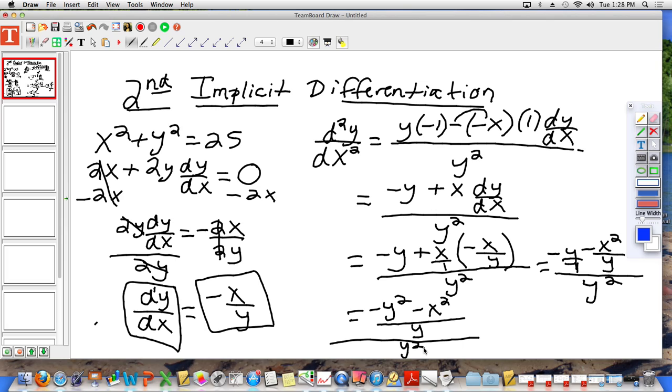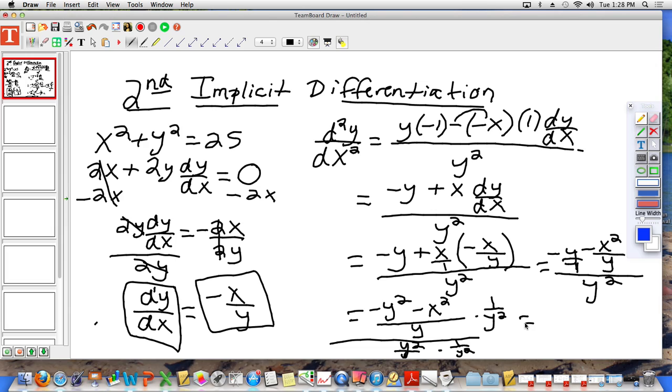The y came from 1 times y. Remember, you cross multiply this way, you cross multiply that way, and then you have to multiply the two denominators too. Now, when I divide by y squared, that's the same thing as dividing by y squared over 1. Which means you have to multiply, I'm sorry, I'm running out of room, you guys. Multiply by 1 over y squared, which means on the top here I have to multiply by 1 over y squared too.